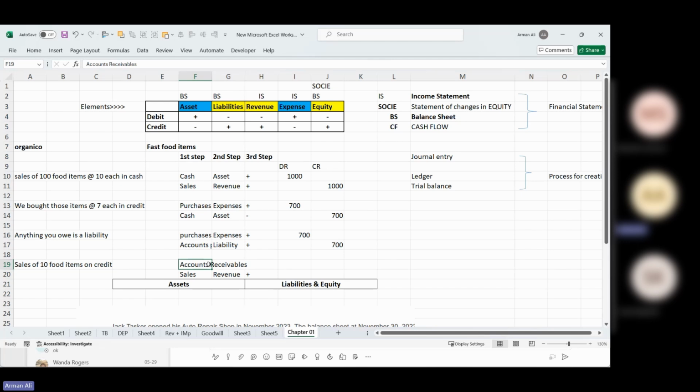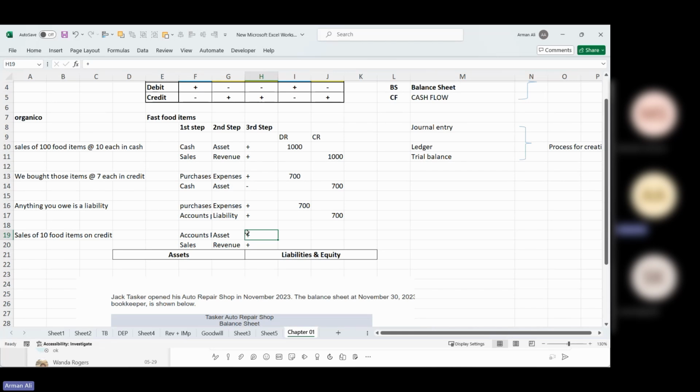But of course they are separately identifiable. It's not cash. It is yet to become cash, but it's still an asset. It's increasing, right? They're becoming your asset. Accounts receivable, somebody owes you money, and that is why you call this an asset.